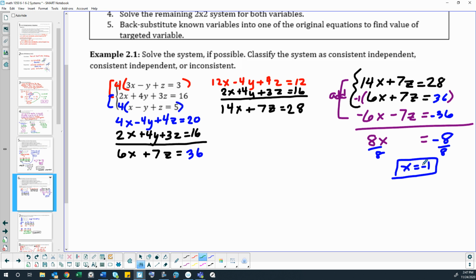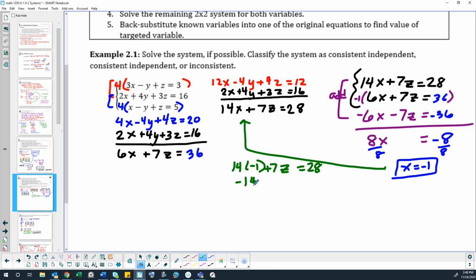Okay, now going back to what we just learned about 2x2 equations. Now that we have one of our x values, we can plug that in and find our z value, right? Doesn't matter where we plug it in exactly. So we could use these numbers or these numbers, it doesn't matter. But we're not going back to the original, we're going back to the step we did right before this, where we got our 2x2s. We plug that into there. So 14 times negative 1 plus 7z equals 28.